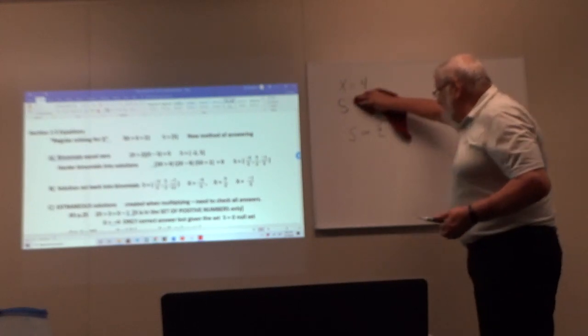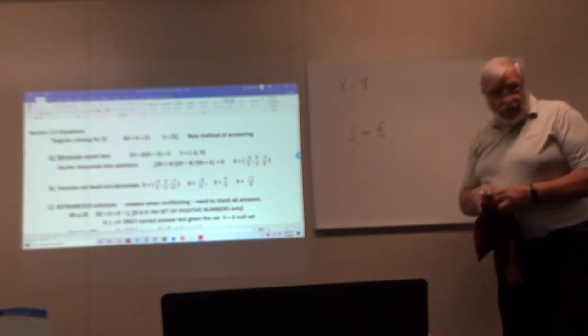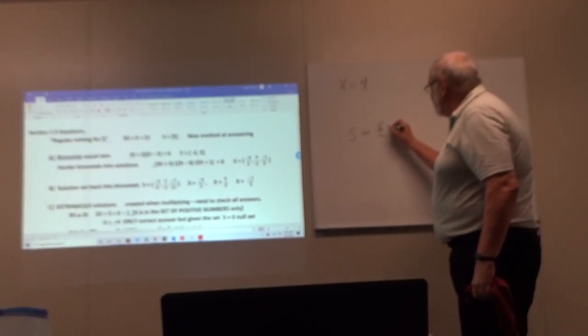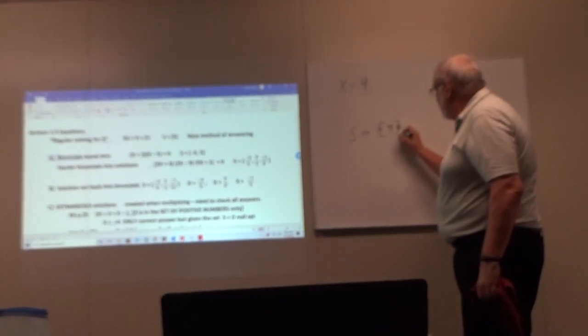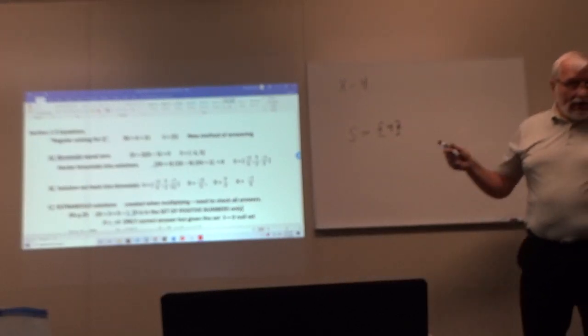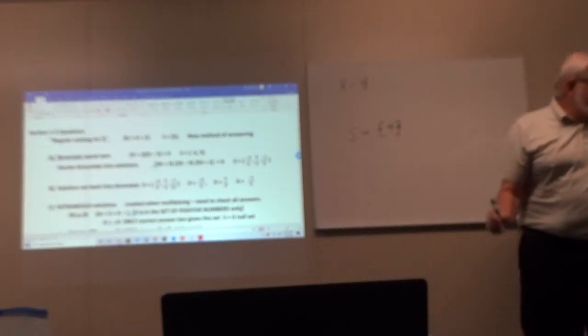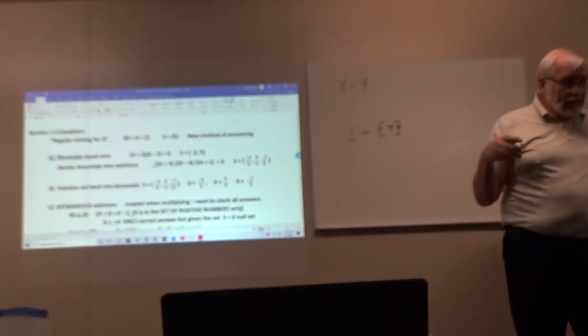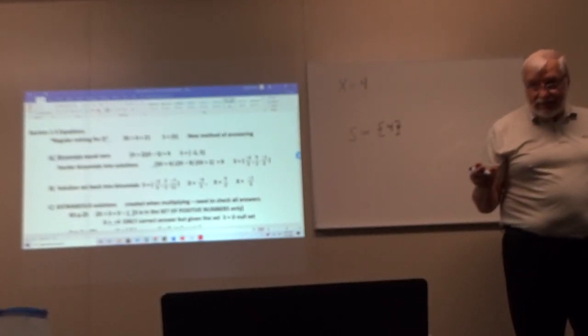So now the solution set is going to be the numbers in it, and if this were the case, I would have the solution set is 4. The question is, what are the numbers inside here? That's the possible values of the variable in that particular problem.